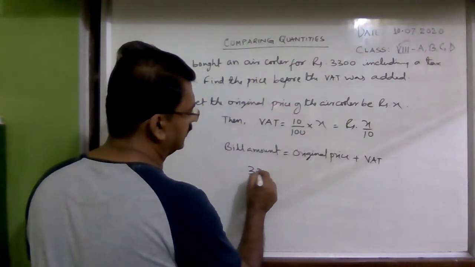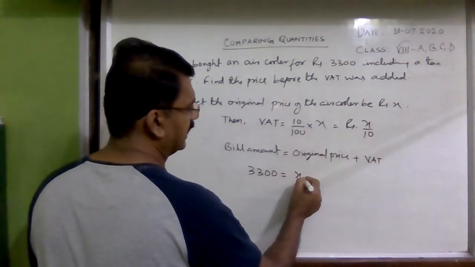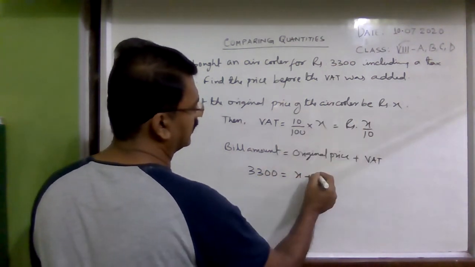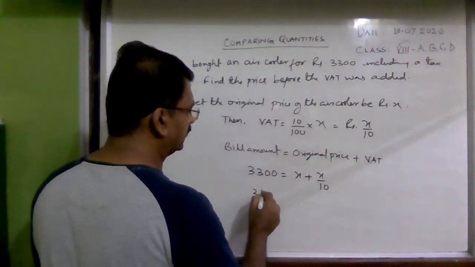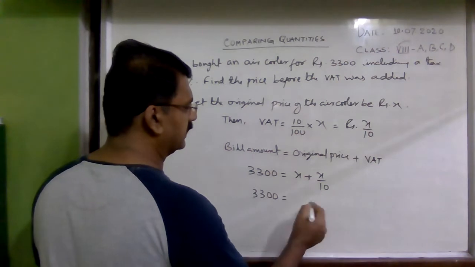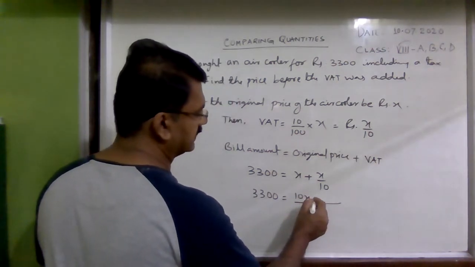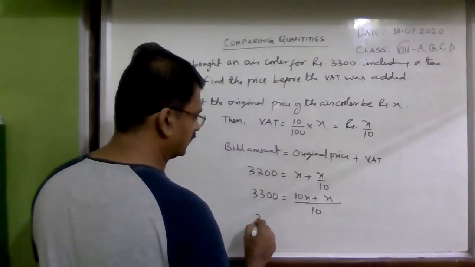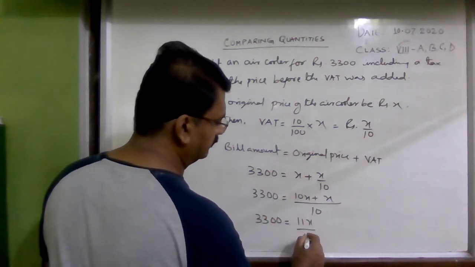So 3300 is equal to original price X plus VAT or the tax, X by 10. Clear? So 3300 is equal to, if you take 10 LCM, 10x plus x, which is 11x by 10.